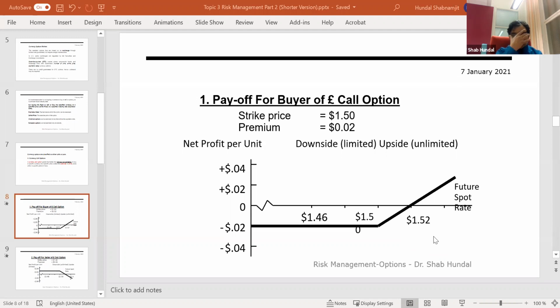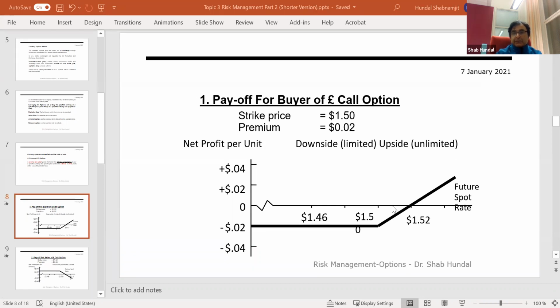Write your answer in chat. Yes, you're right. Why so? When the market price is 1.51, you compare 1.51 with 1.50. And you compare that, the market price is 1 cent extra, 1 cent more expensive.